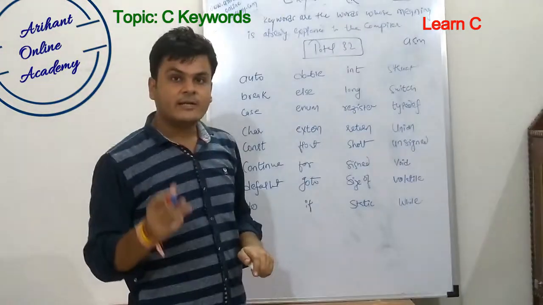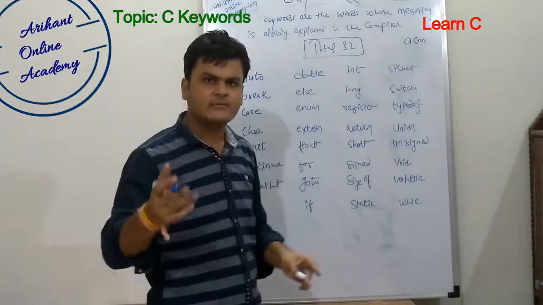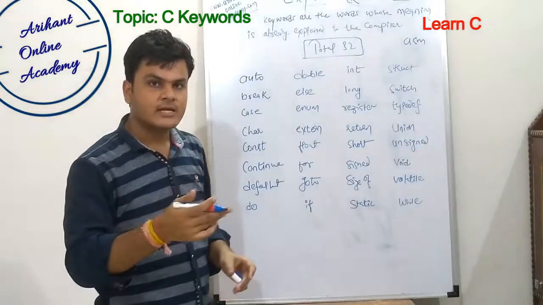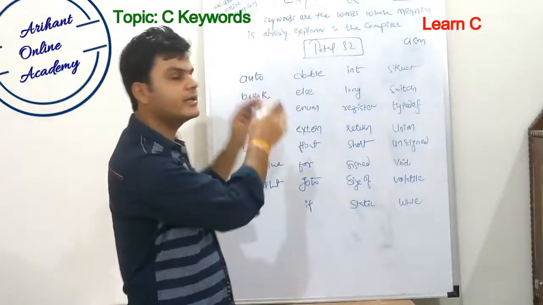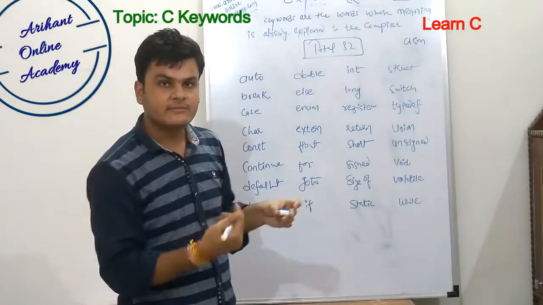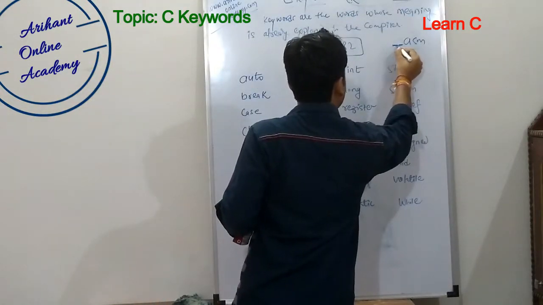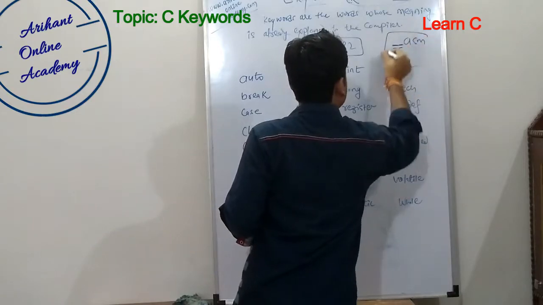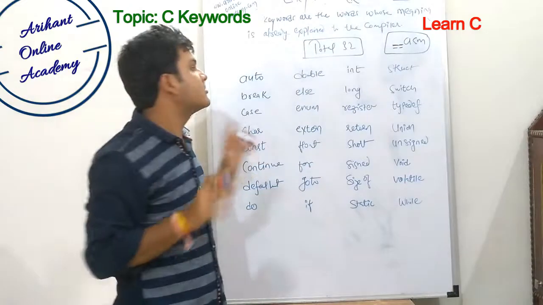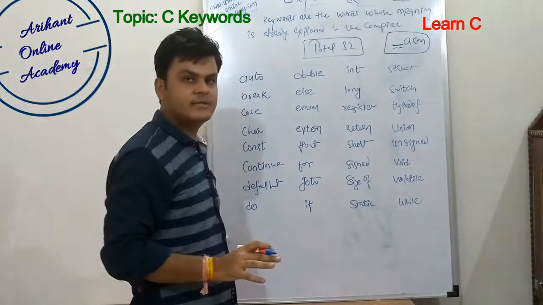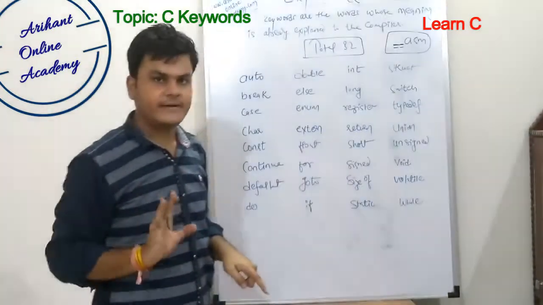Now, what about Microsoft and other compiler vendors? They say that ASM and many other words are also keywords. The standard authority said that if you want to use ASM and other words as keywords, then use 2 underscores in front of them. But in the C language, these 32 keywords are there. I just told you this for information.